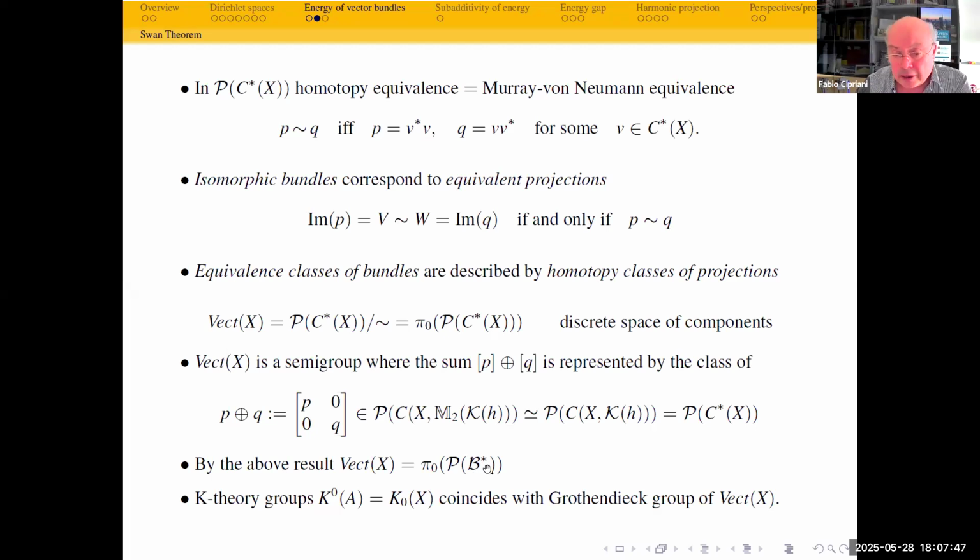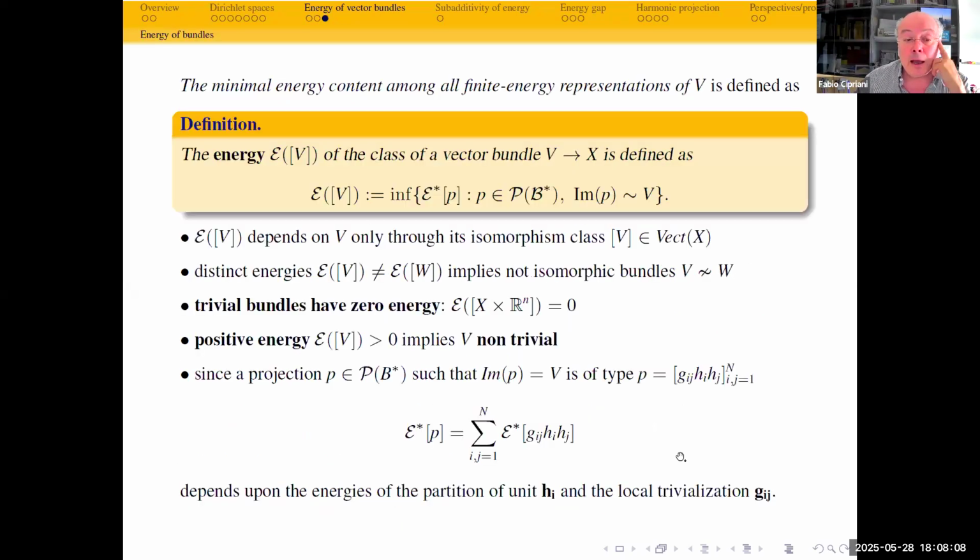So we can use the Dirichlet algebra and the tools of potential theory to investigate vector bundles on X. And finally we come to our definition of energy.